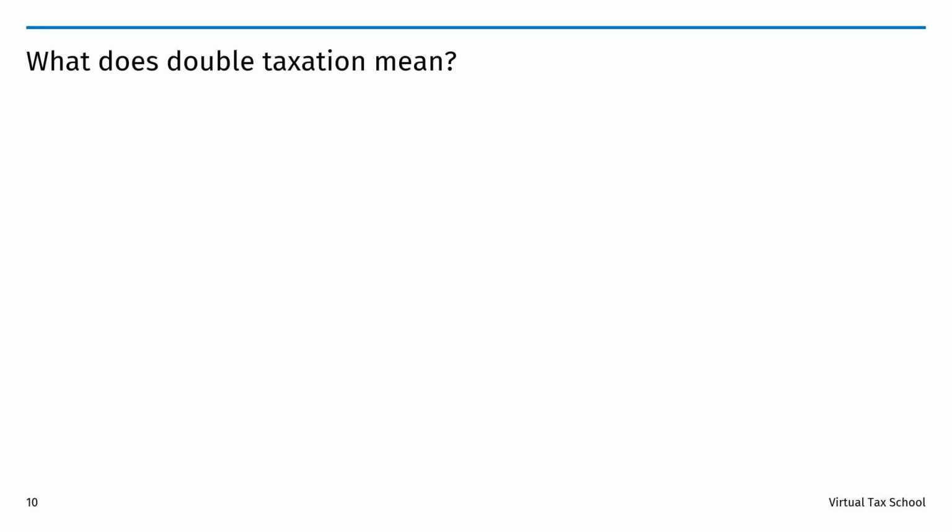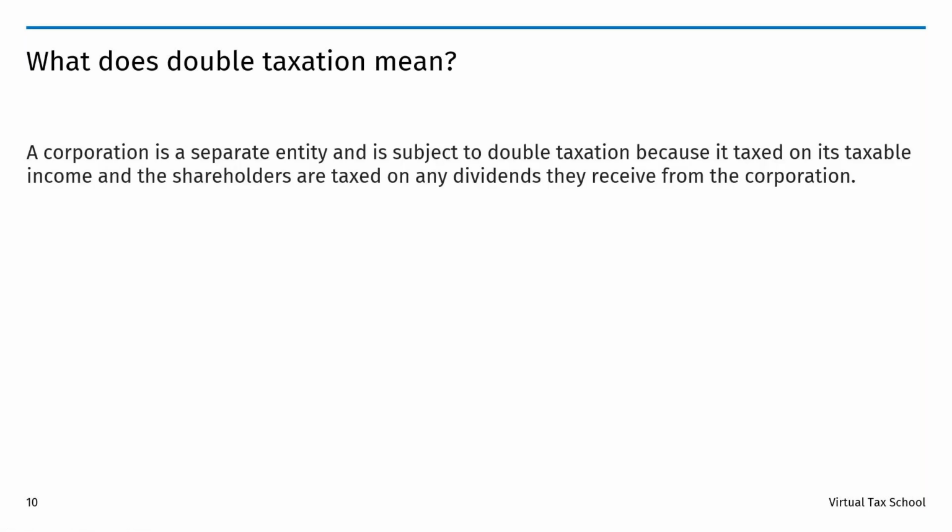Well, that kind of leads into what we were talking about, double taxation. So what does that mean? Lance covered some of it already. So a corporation is a separate entity that can be subject to double taxation because, as Lance said, it's taxed on its taxable income at the entity level, and then again, when dividends are given out to the shareholders, taxed on the shareholders' individual tax return.